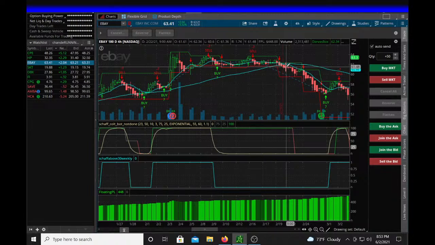If you hit reverse your position, it's still going to pop up with the order window down below and say confirm. But if you hit reverse now, that means no going back, reverse it, which would sell the shares you have and then go the opposite direction. So in this case, if we were long, we would be short.